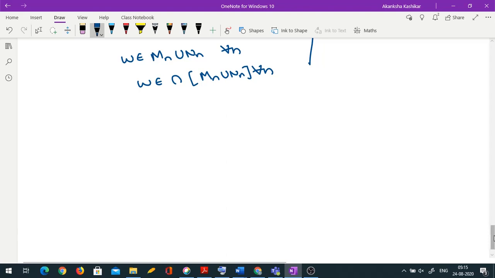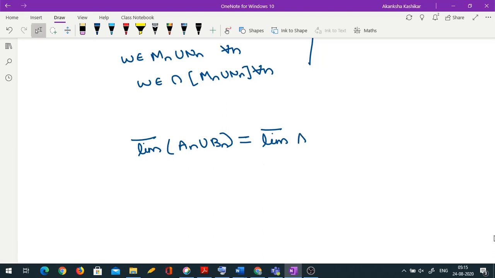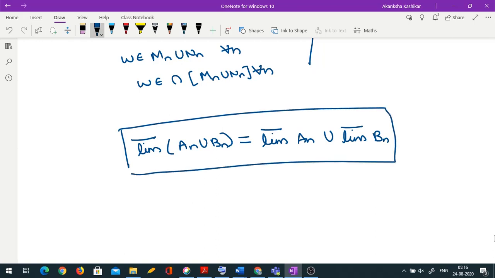What we have proved is that lim sup of An union Bn is equal to lim sup of An union lim sup of Bn. This is my final result. I know here we haven't proved that, but this was a sub part and our other part was already done. I have one result, so at least the first part is true.